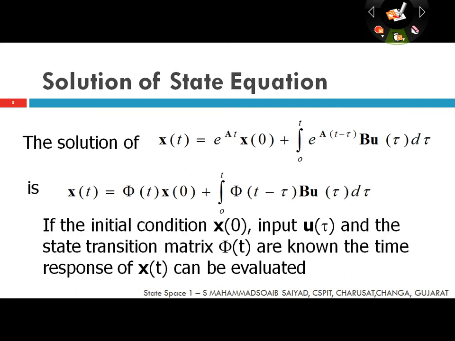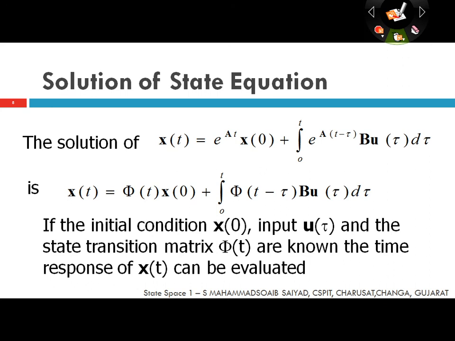Now we will see the solution of the state equation. As we know, the solution of the state equation is given in this format. We will have another lecture on the solution of the state equation, followed by the properties of the state transition matrix, where we will go through the concepts of forced and unforced systems and their derivations.